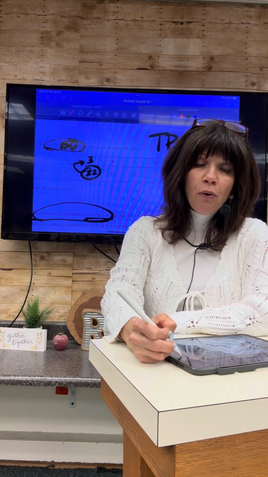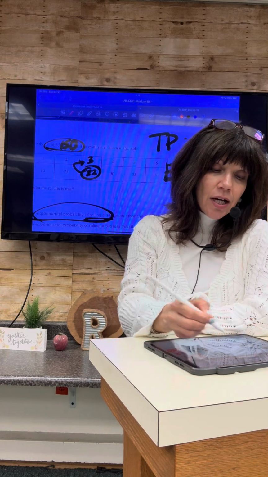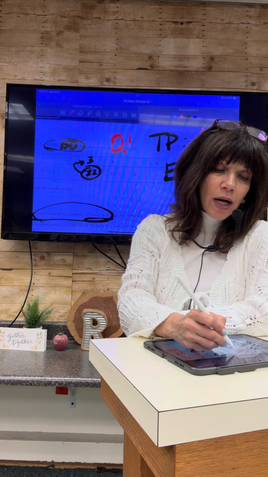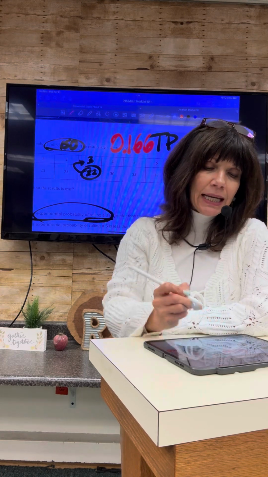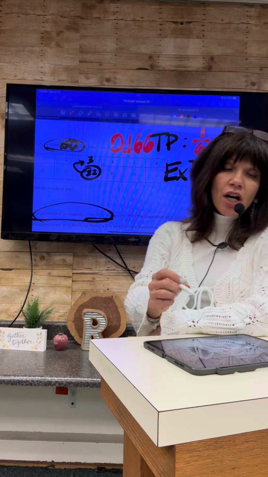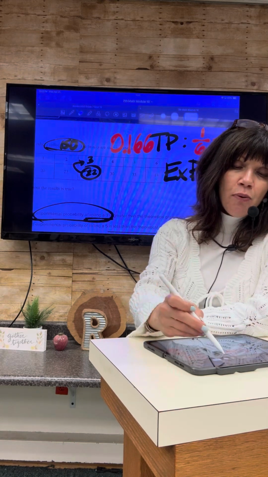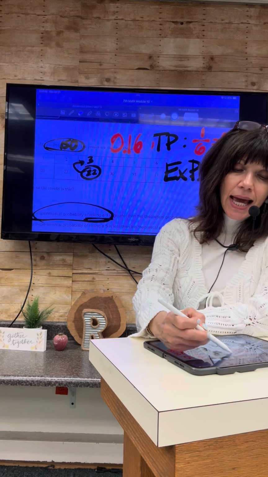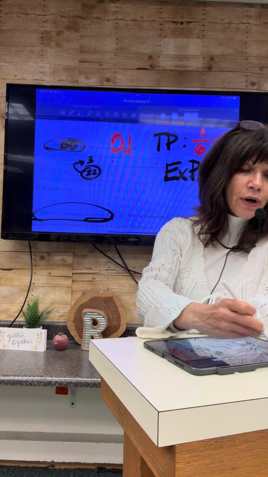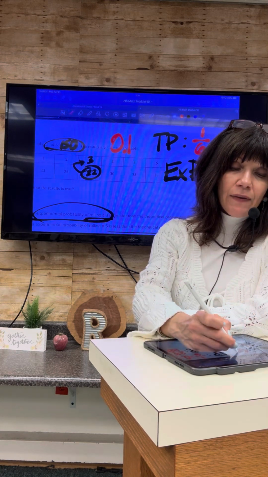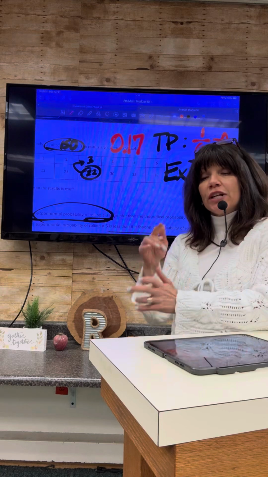Okay, 0.1. I don't have room to write it there, so I'm going to write it out here, 0.1, and if it's 6 repeating, round that to the nearest hundredths place. 0.17. Let's just go ahead and round that for comparing. We just want to know which one is greater.